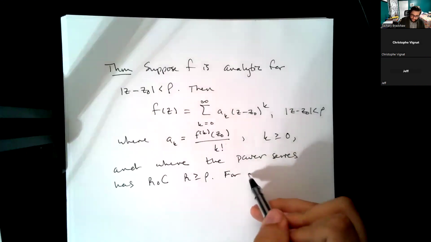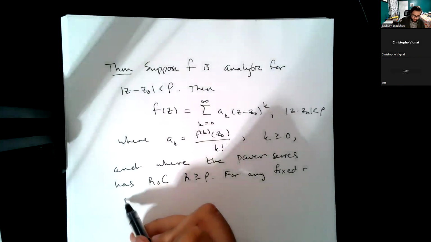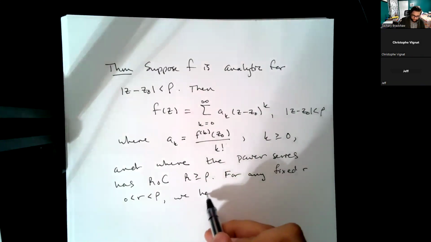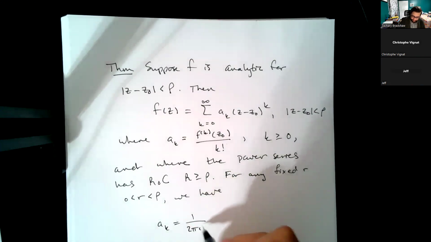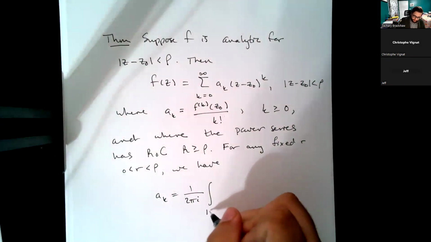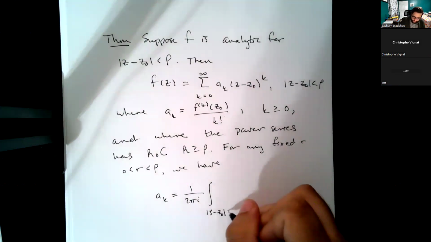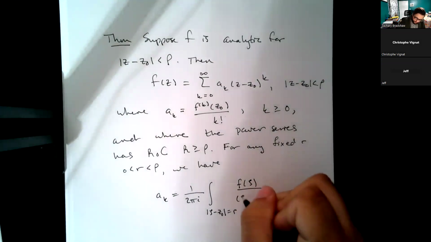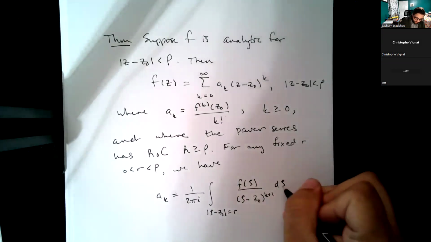We also have that for any fixed lowercase r, where r is between 0 and rho, the Cauchy integral formula tells us that this can be computed as 1 over 2 pi i, the integral on the circle centered at z0, radius r, of f(zeta) over (zeta minus z0) to the k plus 1 d zeta.